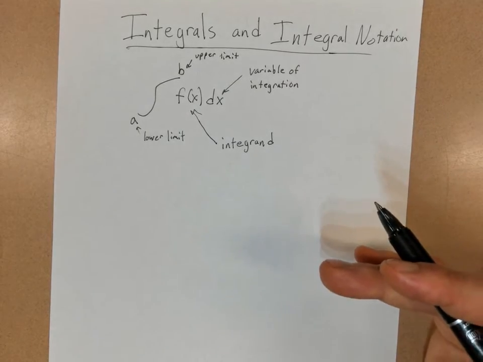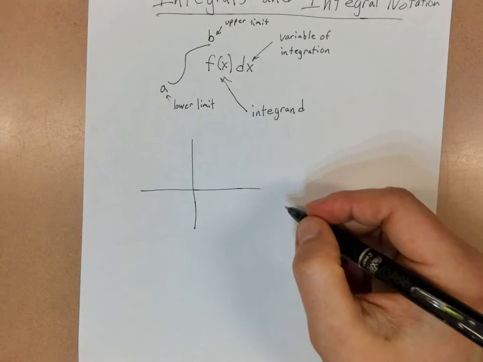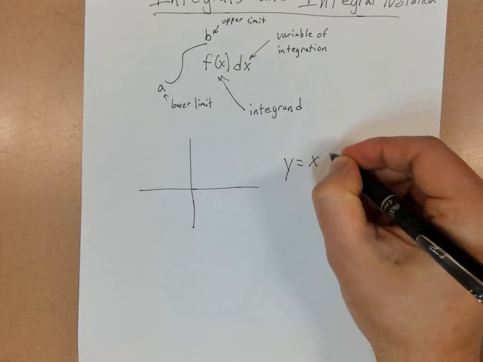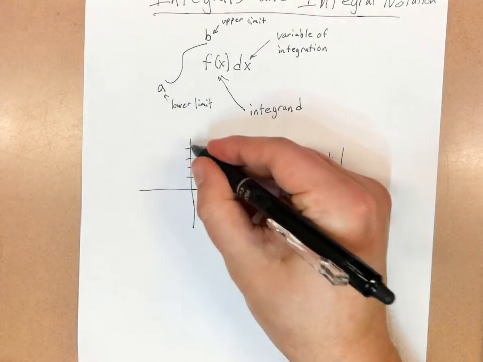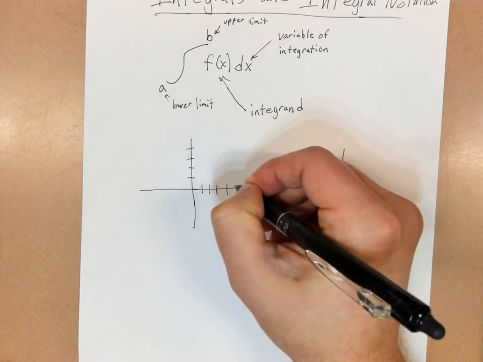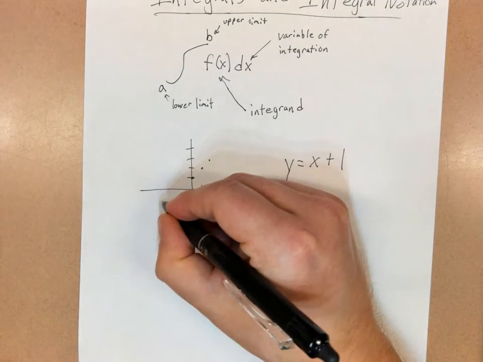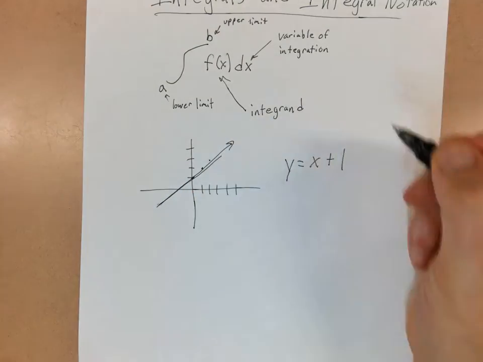So those are the different parts of an integral. What an integral actually is: if I draw a graph here, let's say I'm going to graph y equals x plus 1. The graph would look like this. I'd start at 1, go up 1 over 1, and I'd have the equation of a line.